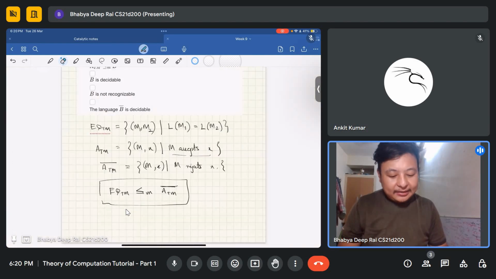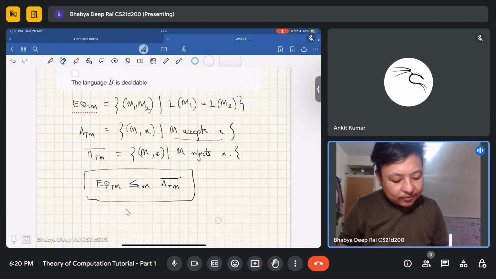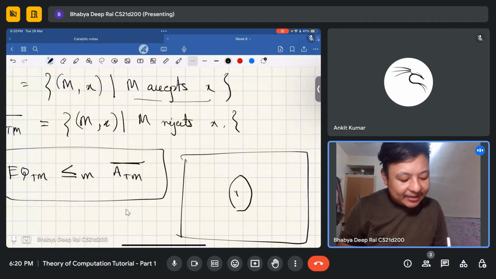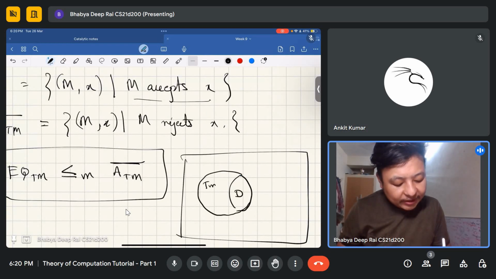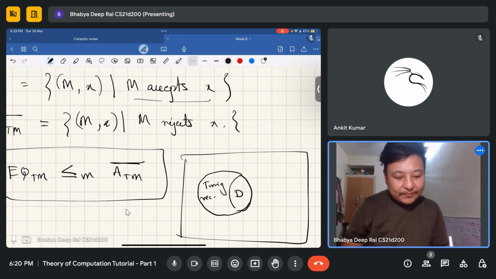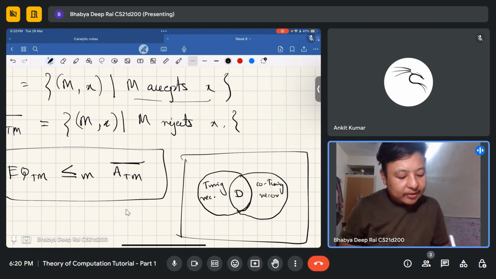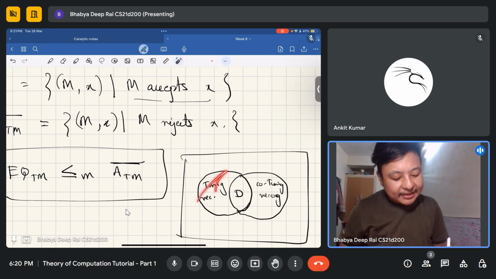Further, I want to show this. Say this is the set of all decidable languages. Then it is contained in the set of all Turing recognizable languages, and it is also contained in the set of all co-Turing recognizable languages. Everything outside decidables is what is known as undecidable.